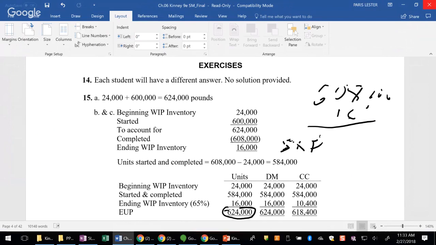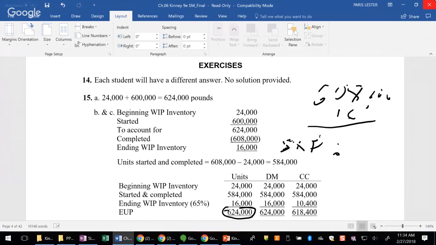So I would have taken the 608 plus the 16 and got the same thing. And over here, I would have taken the 608 plus the ending inventory times 65% and got to 10.4, and I got 618.4. The transferred out would be, you would consider the completed during September the units transferred out? Yeah, completed and transferred out, we'll call one and the same.